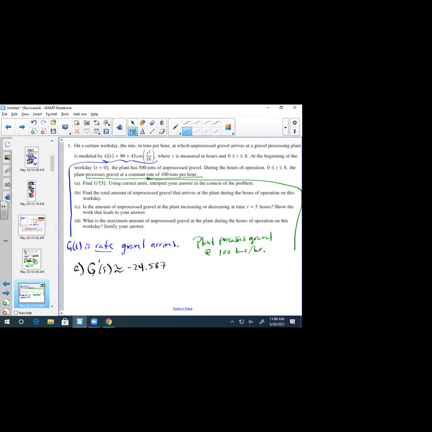Yeah, negative 24.587. So how would you write that? It says interpret your answer in the context of this problem. So what does that mean?